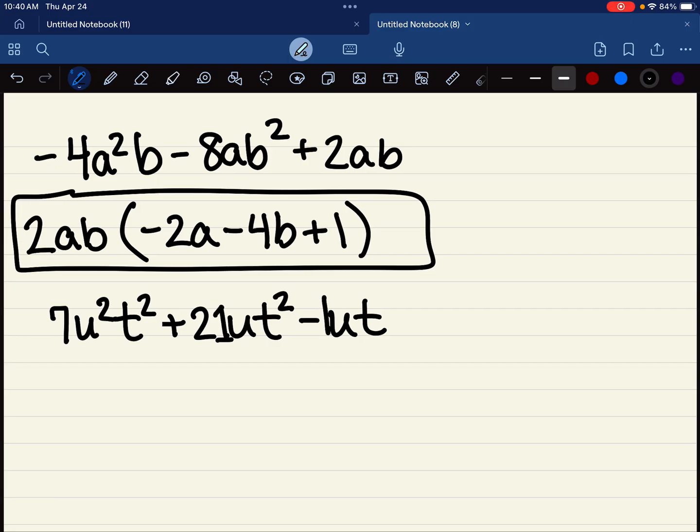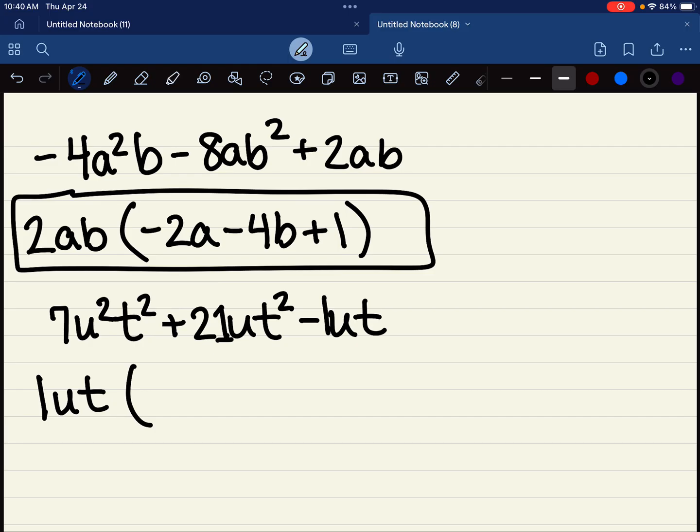Anytime that you don't have a number, and we know it's 1, then the biggest number we can take out has to be 1. What about variables? U and t. So if I'm dividing by 1, is that going to change the big numbers in front? No. All you have to do is go through and get 1 less u, 1 less t from each term.